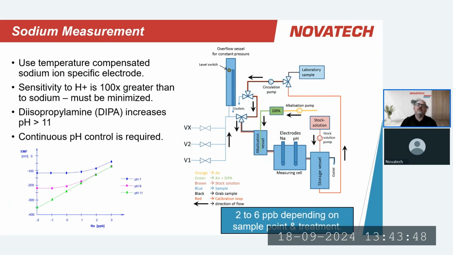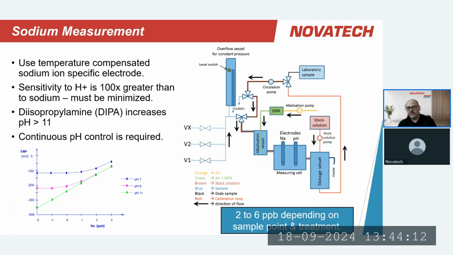And unfortunately, its sensitivity to hydrogen is approximately 100 times greater than it is to sodium. So in order to do this measurement, we absolutely need to reduce our hydrogen ion content. And the way we do that is by increasing our pH, taking it as high as possible. Normally we're targeting something in excess of 11 pH.